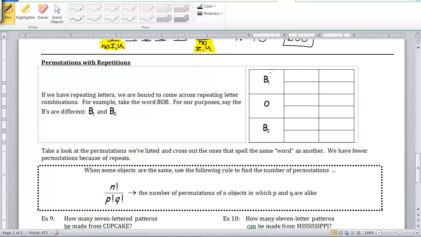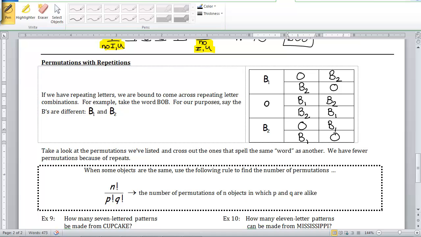If B1 is first, then either I'm going to have O and then B2, or B2 then O. If O's first, then I could have B1, B2, or B2, B1. If B2 was first, I could have O, B1, or I could have B1, O.